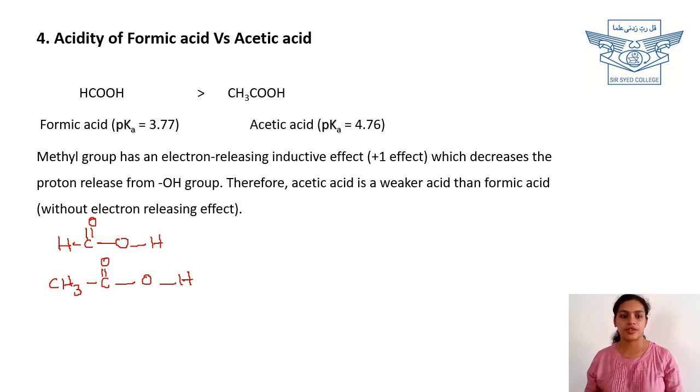So there is no inductive effect over here. But in the case of acetic acid, the methyl is an alkyl group and it has a plus I inductive effect. Okay, then what happens is plus I effect ഉണ്ടാവുന്നു പറഞ്ഞാൽ it doesn't like much electron density, so that will release or give away its electron density to other carbon atoms through the chain.